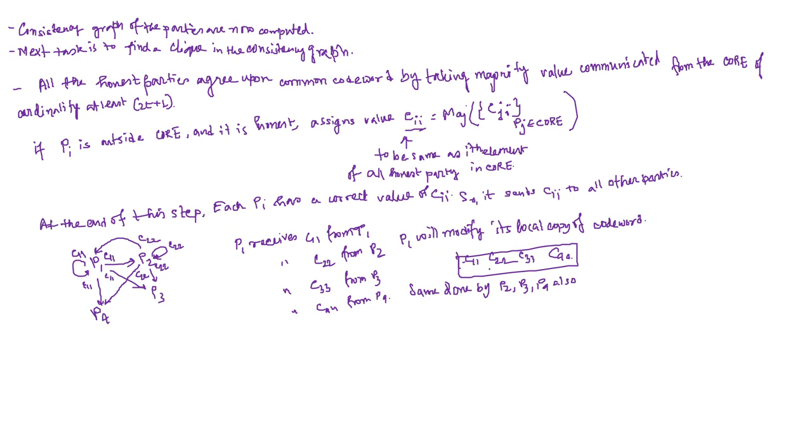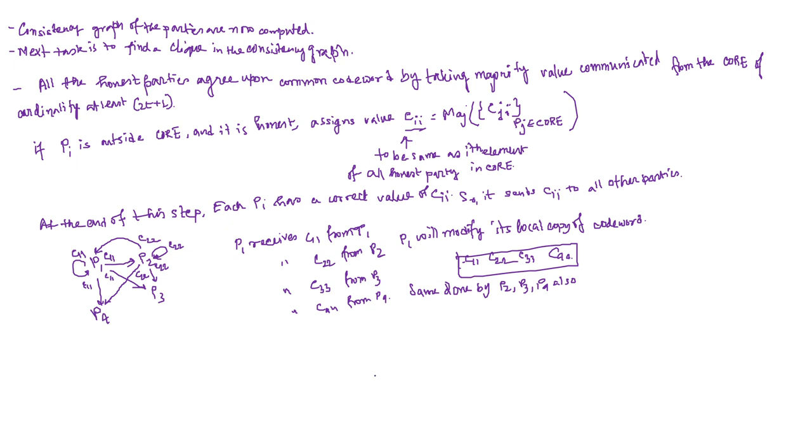If p3 is a corrupt party, it may choose to send different values of c33 to different parties. So this value of c33 will not be reliable, but at most t such values can be incorrect out of n values in the modified local copy of the code word.